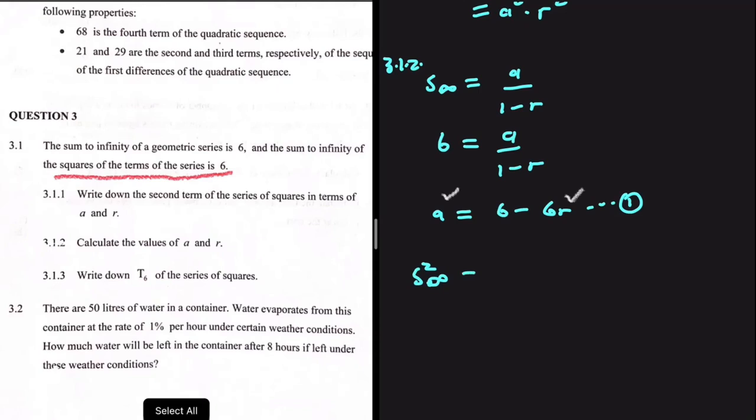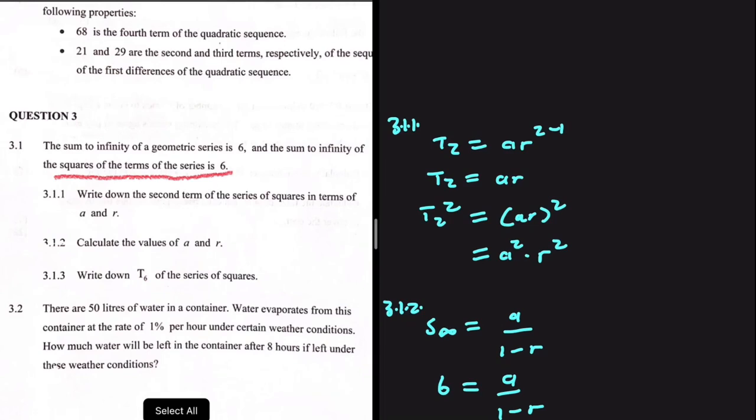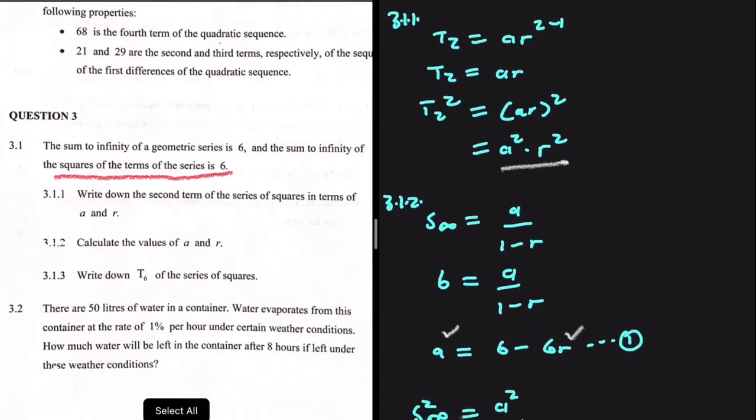But what you need to realize is that instead of having A, if we are squaring all the terms, then the first term will be A squared divided by 1 minus, instead of R, we're going to have R squared. This makes sense if you look at the second term in 3.1.1. I think 3.1.1 is setting us up to be able to answer 3.1.2 to make that realization.